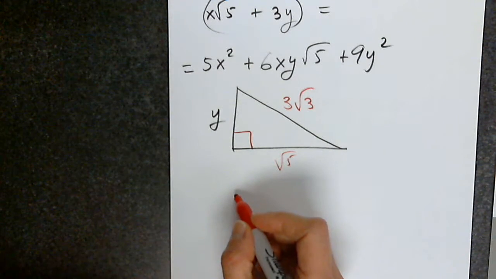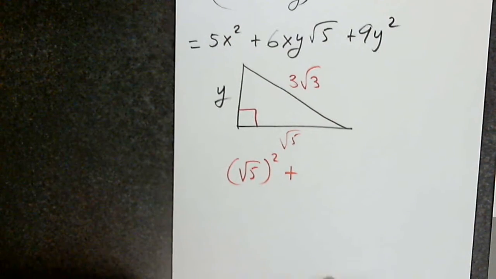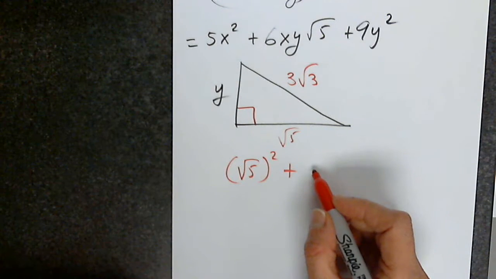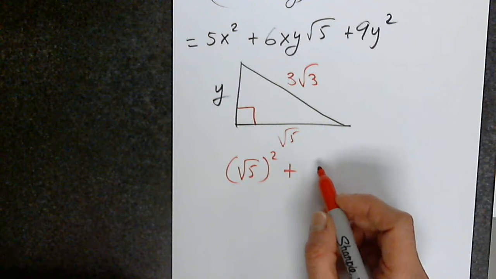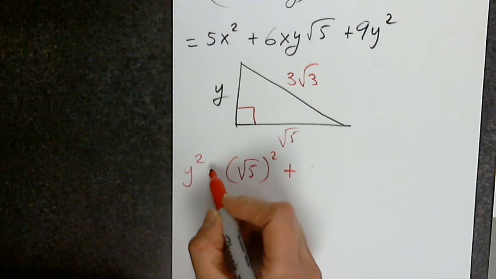The square root of 5 squared, excellent, plus the other leg squared. Yeah, that was when I started with y squared. Oh, I'm sorry. No, it's okay.